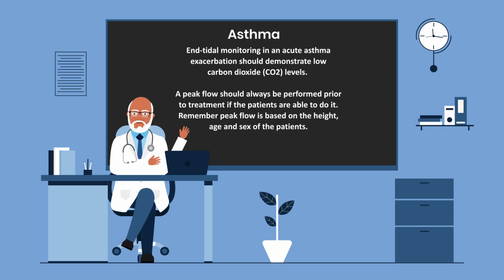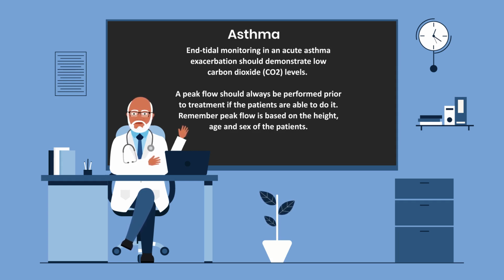Now, in addition, a peak flow should always be performed prior to treatment if the patient is able to do it. Remember, peak flow is based on the height, the age, and the sex of the patient. Based on the severity of their presentation, they may not be able to do a peak flow.